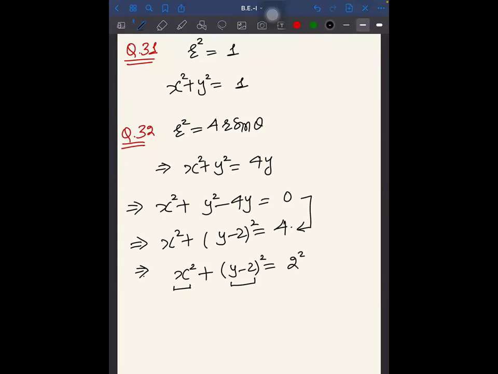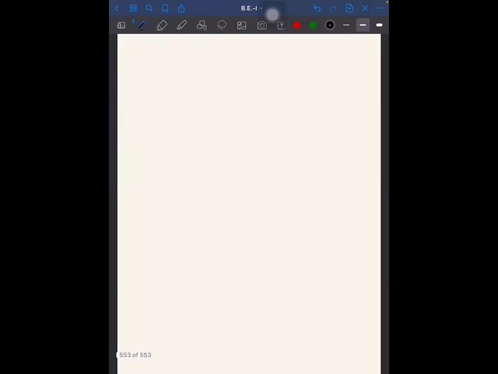So let's take question number 34, that is r square sine 2 theta is equal to 2. Now don't jump to the conclusion that if you see r square you'll immediately replace it by x square plus y square, because sine 2 theta will remain in the equation.